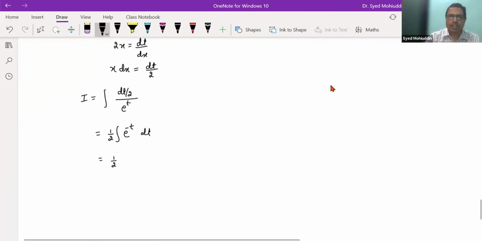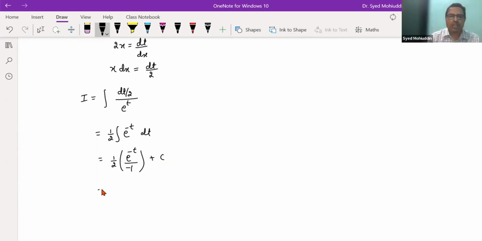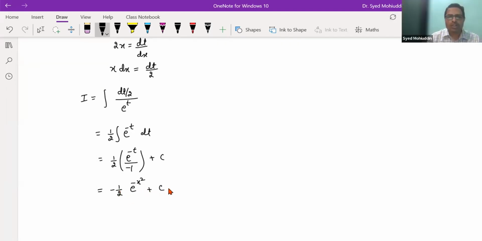So here integration of e power of minus t will be e power of minus t divided by the coefficient of t, which is minus 1, plus the constant of integration c. Or you can just multiply this minus over here, we're getting minus 1 by 2 e power of minus t. The value I have taken as x square, right? So it becomes minus half e power of minus x square plus the constant c. That will be the required solution.